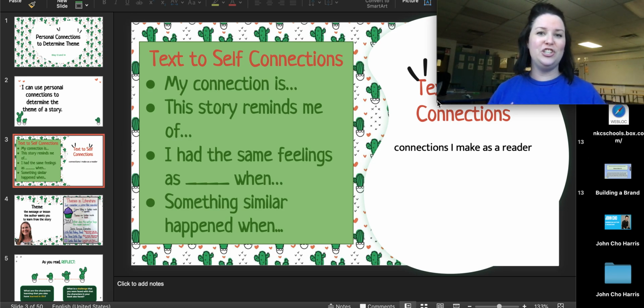My connection to the text is: this story reminds me of, I had the same feelings as Avon or Connor or Zion when, or something similar happened when. These kinds of stems indicate that you're making a text-to-self connection. You're really coming to understand your character, the story, and the challenges they're facing, and this is part of the work that we're doing today.